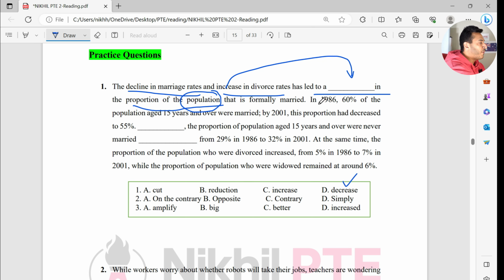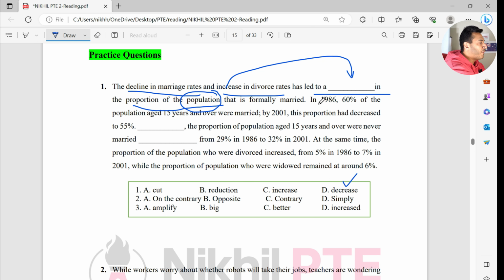And here the population aged 15 years and over who were never married, dash from 29 to 32%. Here it is increasing. So what will be the right answer? Increased. First check this first line. Let me write each and everything so that you can understand.